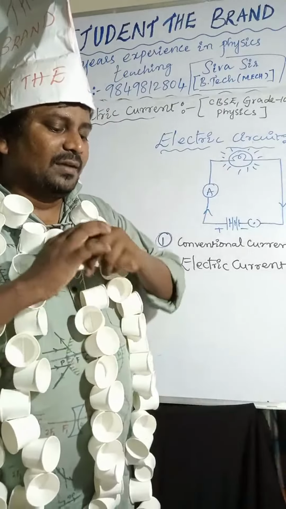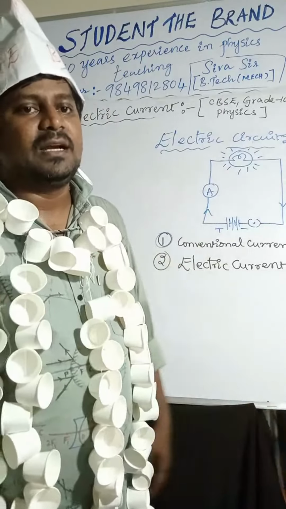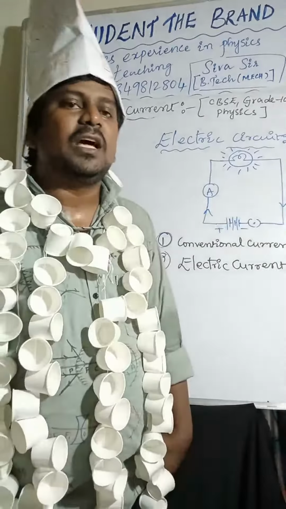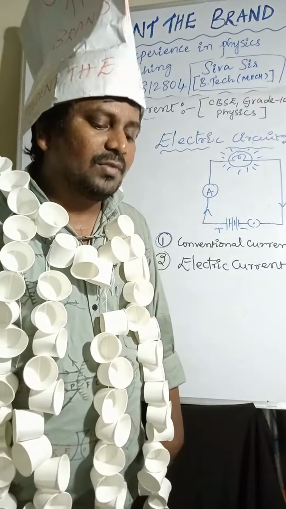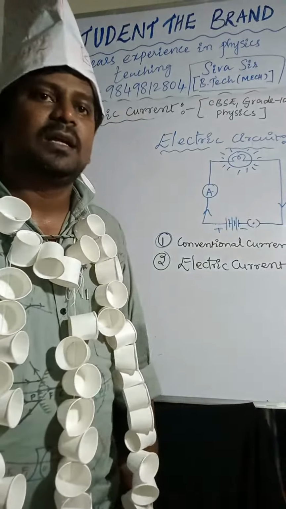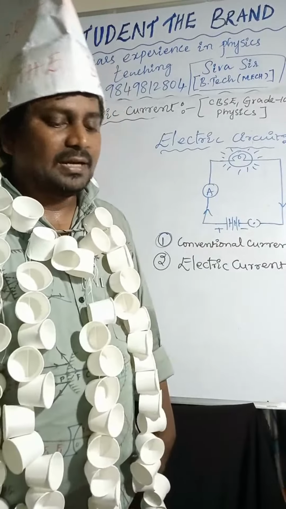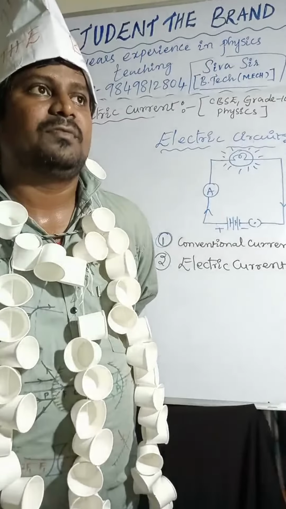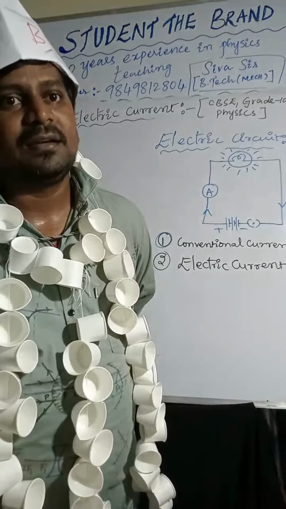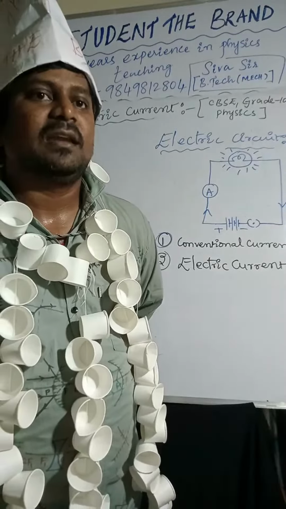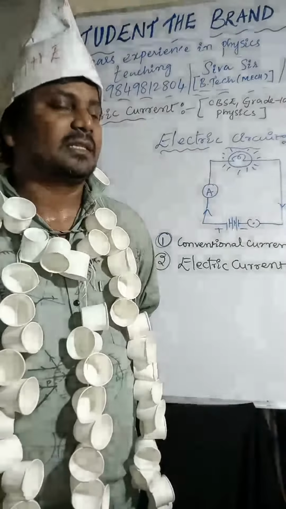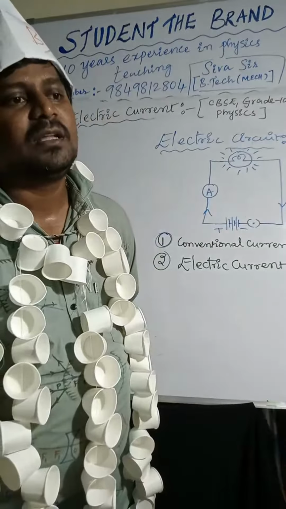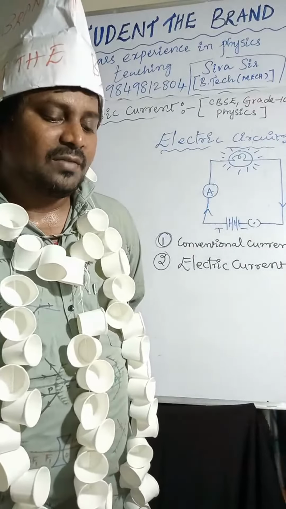Then from one onwards we'll start once again all the points like electric circuit, electric current, potential difference, electrical potential and related formulas, Ohm's law, resistors connected in series combination, resistors connected in parallel combination, and the heating effect of electric current.